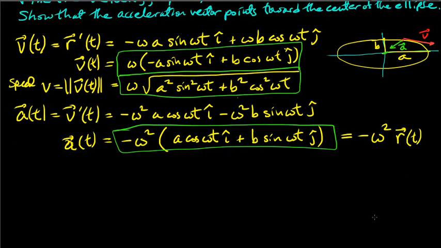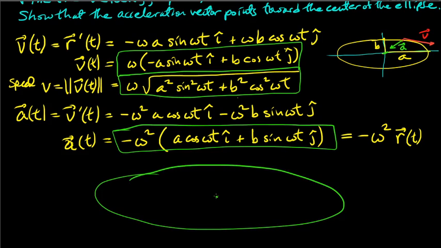So in this picture here, I think I got to draw a bigger picture. So here's the ellipse, here's the center. We're at a given point. So here's my velocity vector. And let's say this is my position vector, again, at some given time. So notice that the acceleration will just be, since it's a negative, it points in the opposite direction, times some constant.